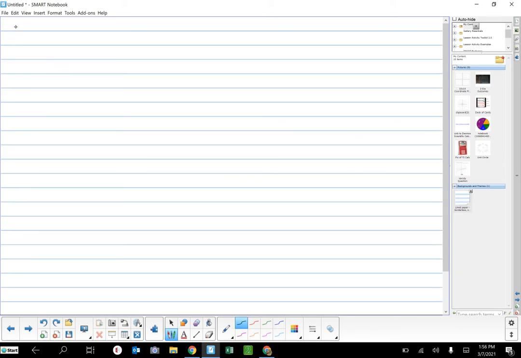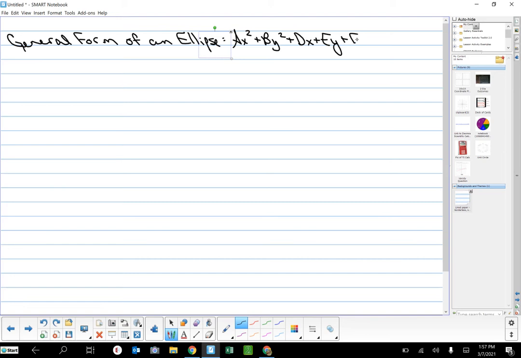So, general form of an ellipse is Ax squared plus By squared plus Dx plus Ey plus F equals 0, where A does not equal B. Can they ever?